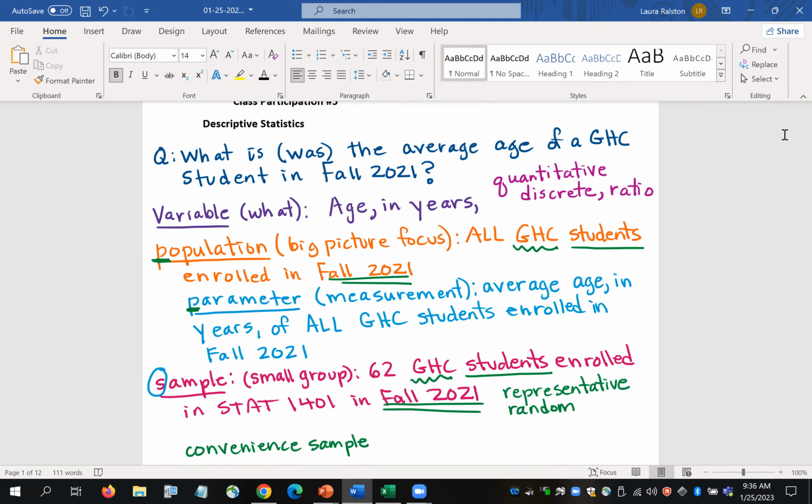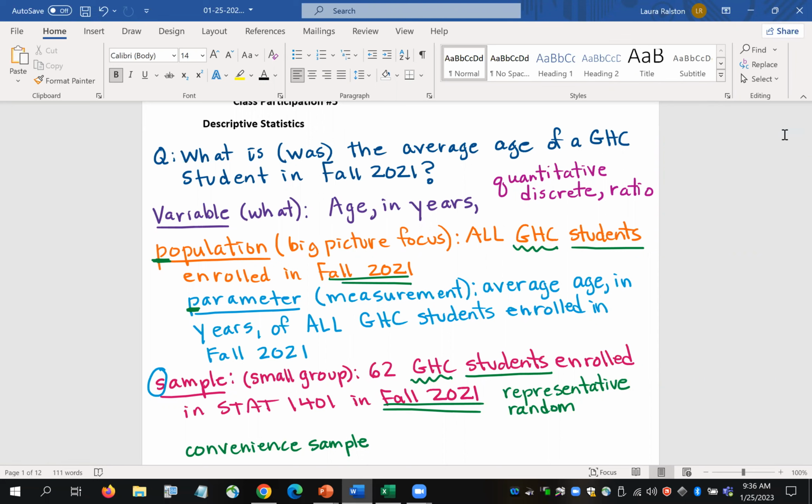Based on the way the question was worded, we determined that the population was all GHC students enrolled in fall 2021. Again, you want to be as descriptive as possible, including the who, the where, the when, that sort of thing.